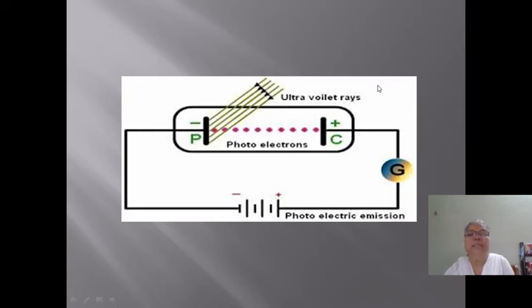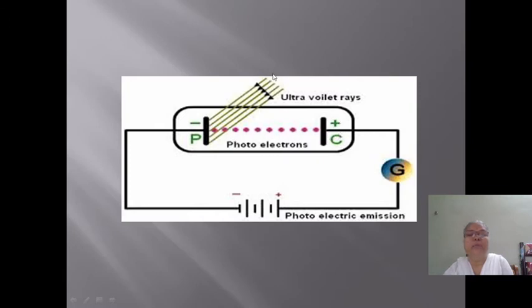This is the schematic representation or experimental setup for the study of the photoelectric effect. Remember well that this is an evacuated tube. That means there is no air in this tube, and here there is a metal plate, which acts as a cathode, and here is an anode.